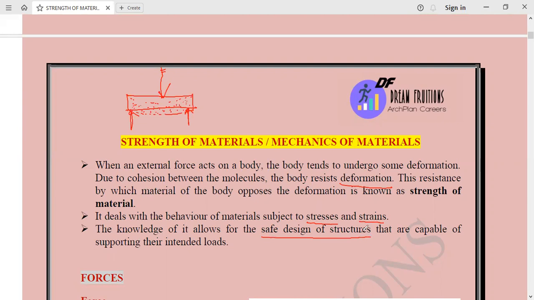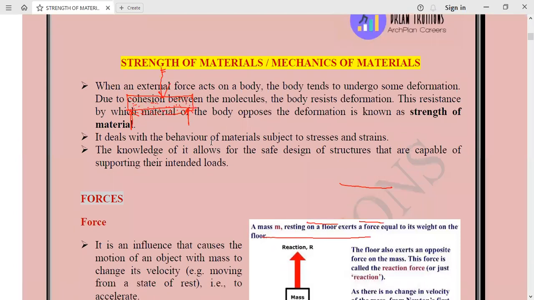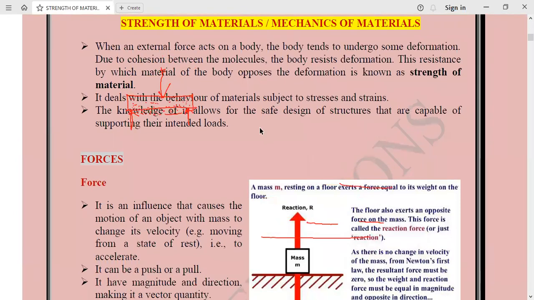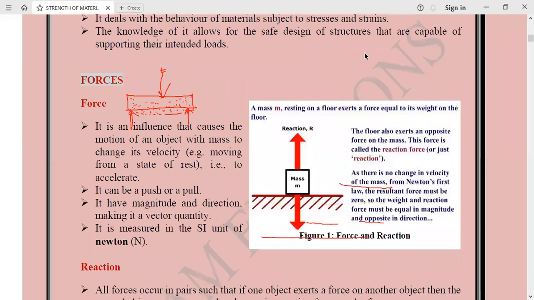So for having proper knowledge of strength of material, we should know the different types of forces that a body has to undergo. Before discussing the different types of forces, let's first discuss what a force is. What do you mean by force? Force is an influence that can change the condition of a body.